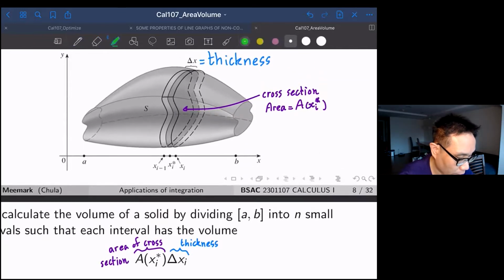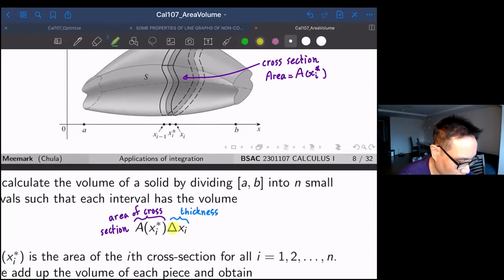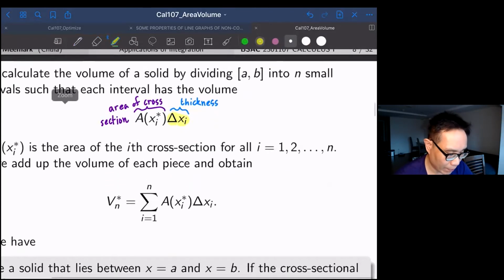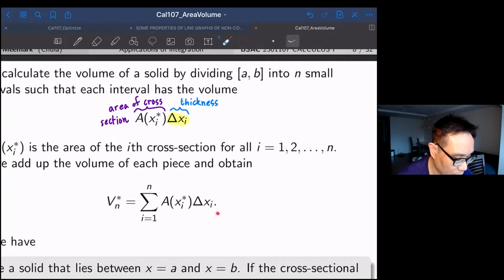So you have this volume first, and then you sum the volumes of the small pieces up. What you obtain looks like what we used to call the Riemann sum.